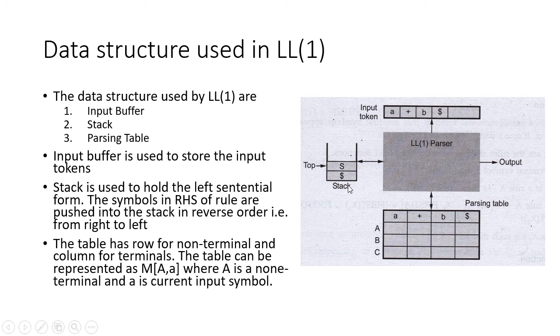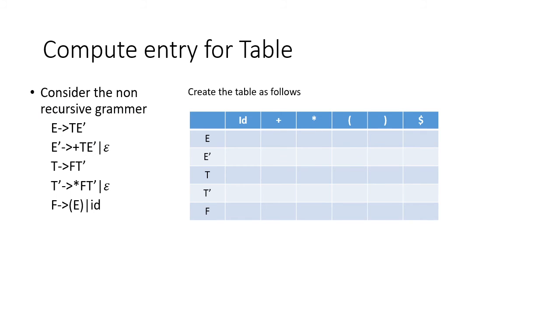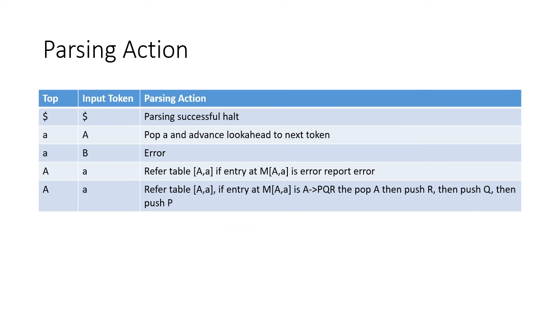The only thing left is the stack, and we have the program so that we get an output from it. So we have all these things ready in hand. Once these things are ready, we can start parsing. So let's look at it. First of all, if in the stack there's a dollar and the input is dollar, that means we have completed the parsing. We stop.